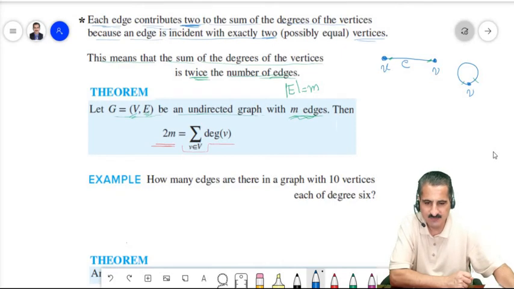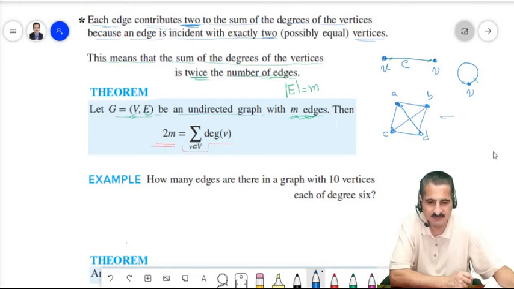If you don't believe it, let's make just a simple graph like that. Okay, so you know that every vertex has degree 3, right?